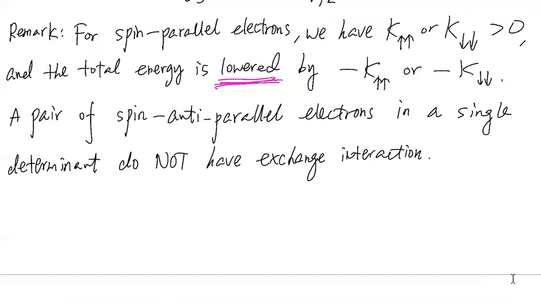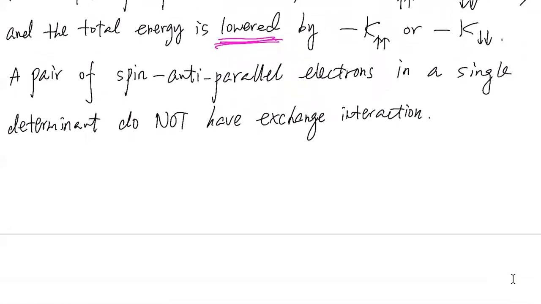Okay. So let's consider a single determinant, one up and one down: there is no exchange interaction between these two electrons. Of course, you can have J(a, b), right? a and b are the labels for the spatial orbitals. You can have J(a, b), but you do not have K(a, b). You don't have an exchange integral.